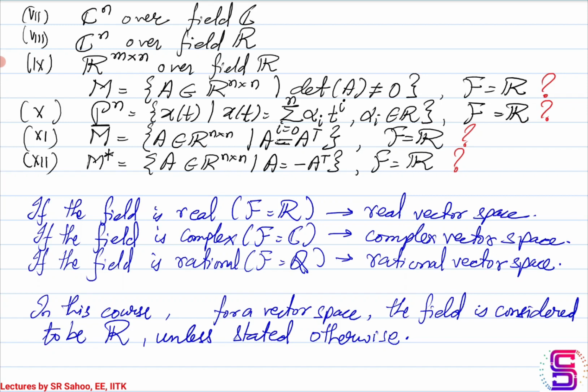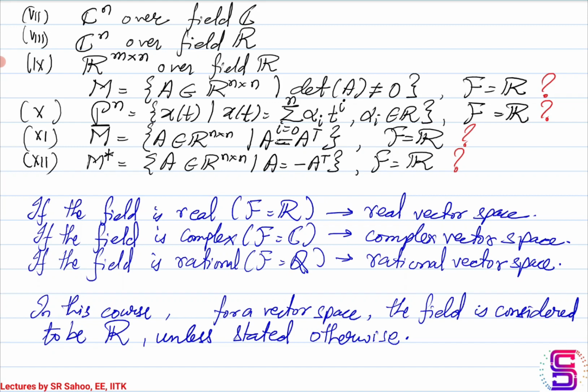So the word real tells you that the field is the set of reals. Similarly, if the field is complex, then we call the corresponding vector space a complex vector space. The word complex tells you that the field is complex. Now if the field is rational, then similarly we call it a rational vector space. The term rational here tells you that the field is rational. So always the vector space is associated with some field.